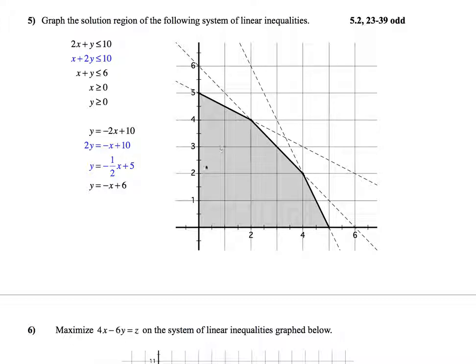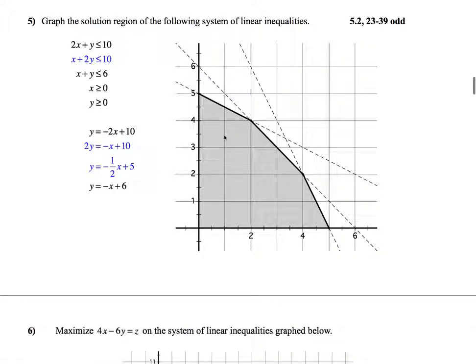So that's why we have this sort of diamond-shaped shaded area here. All of these inequalities include equality, so they are solid lines. And there's our solution set, and this is from section 5.2 if you want to go back and revisit that.